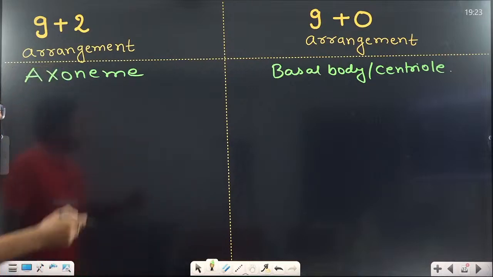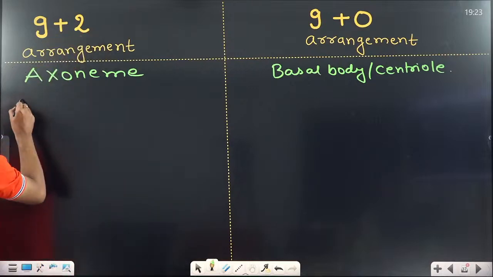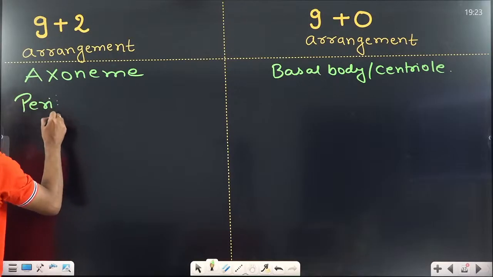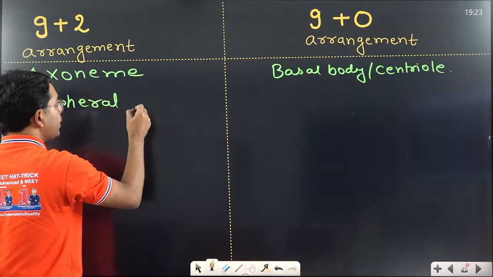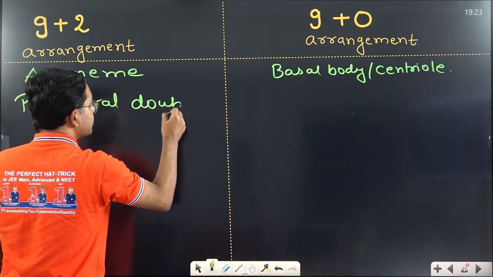Simple. Second point, in 9+2 there is peripheral doublet, whereas here peripheral triplet is present.